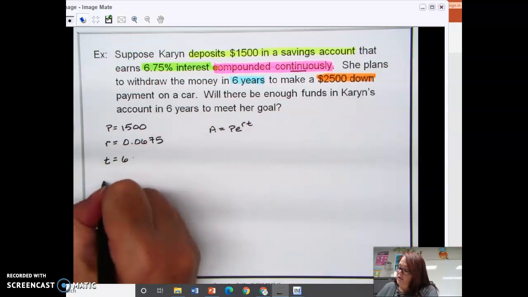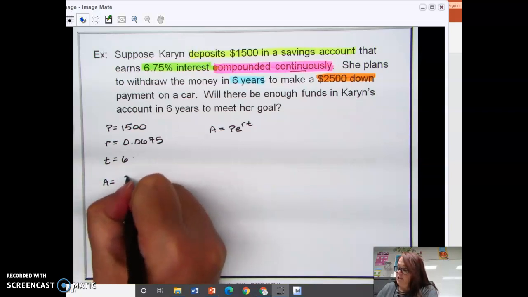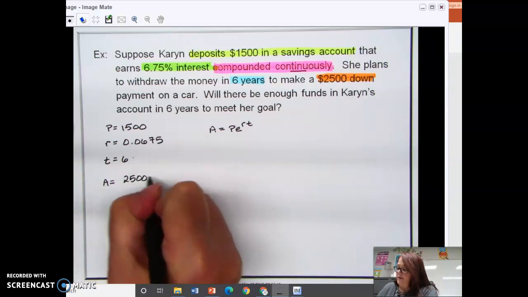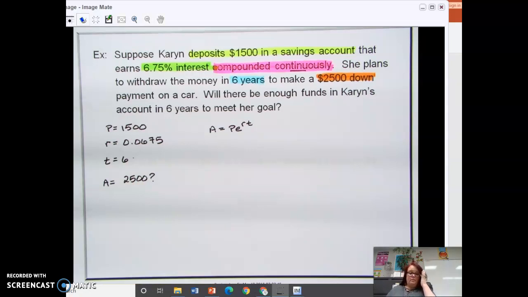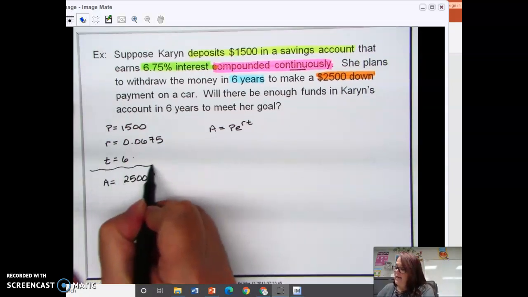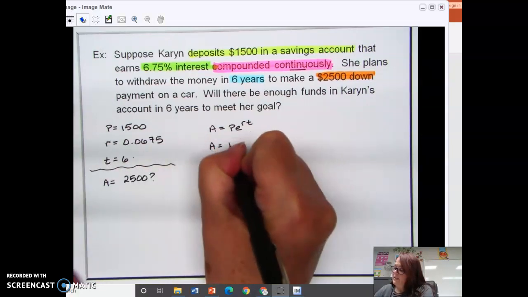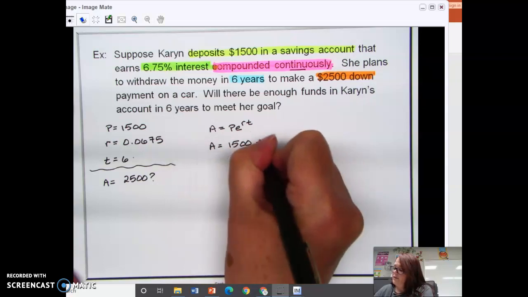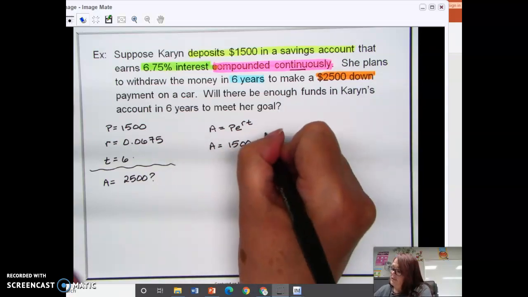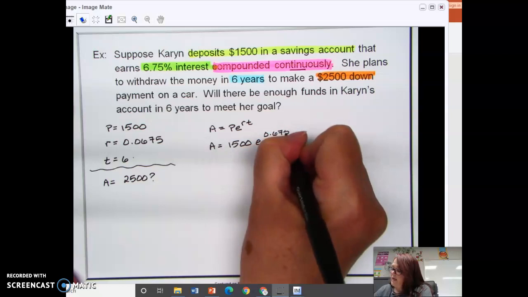And she wants to know, will she have enough to have the new amount of $2,500 to make the down payment on her car? Okay. So we're going to hold on to that information and just use this up here. So the amount of money she has is 1,500 e to the 0.0675 times t.